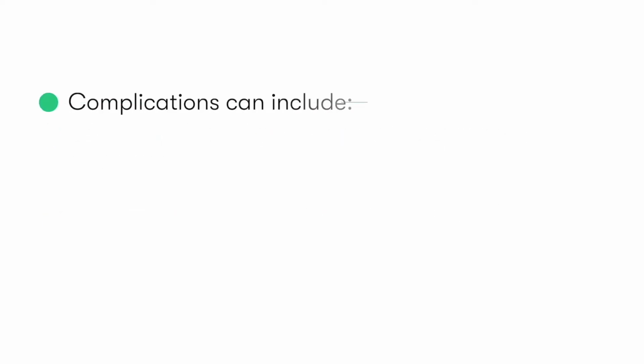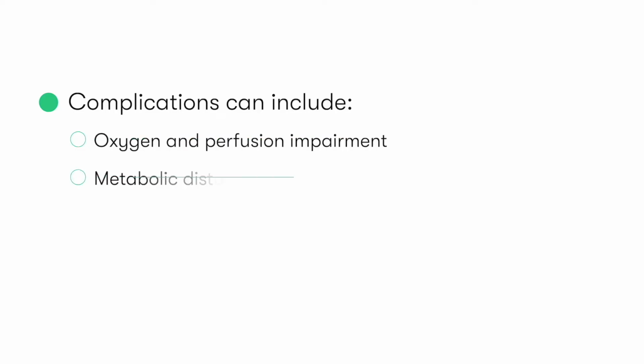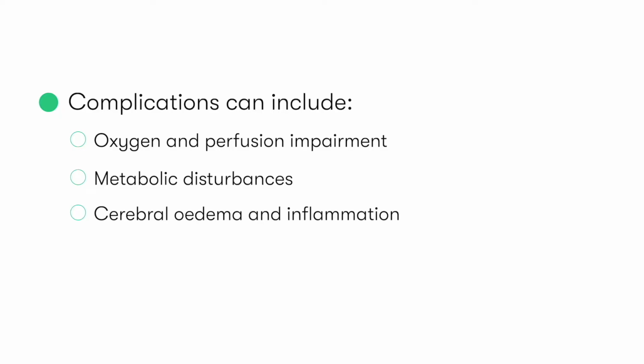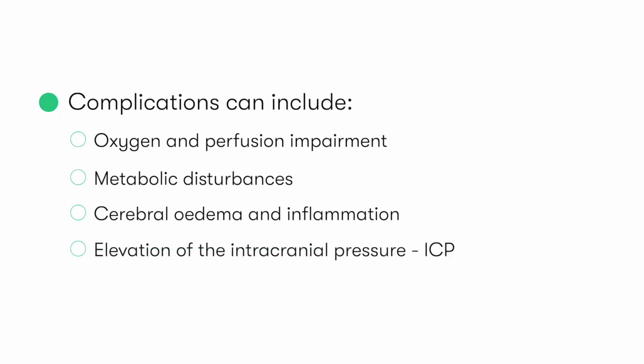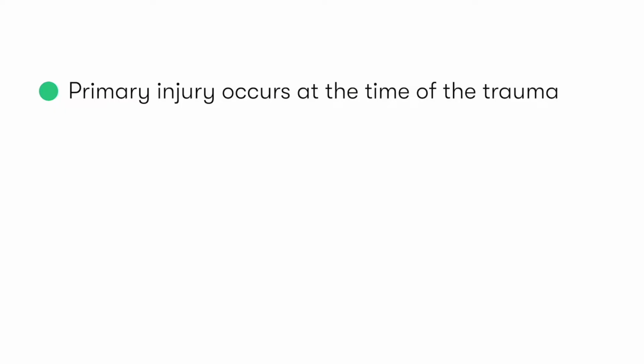These complications can include oxygen and perfusion impairment, metabolic disturbances, cerebral edema and inflammation, and ultimately, elevation of the intracranial pressure, or ICP. And it's this last point, a rising intracranial pressure, which can lead to deadly consequences by resulting in brain herniation.